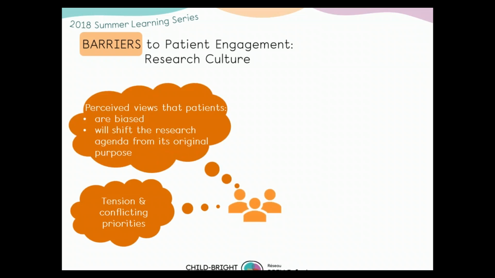These include the perception that patients are biased and that their involvement will shift the research agenda from its original purpose through their input, and that researchers ultimately would only wish to focus on areas of exciting and novel research instead of those that might be a bit more applicable or of interest to the public.